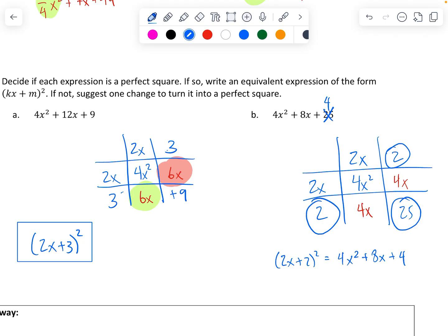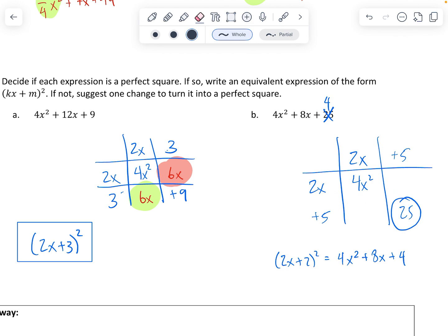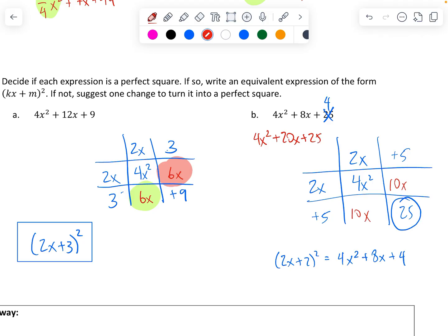We could also, if we were to work backwards, change this to a 5 and this to be a 5. Now when you have 2x plus 5 times 2x plus 5, these two numbers will be 10x and 10x. So if you have 4x squared plus 20x plus 25, that could also be a perfect square. It'd be 2x plus 5 squared.